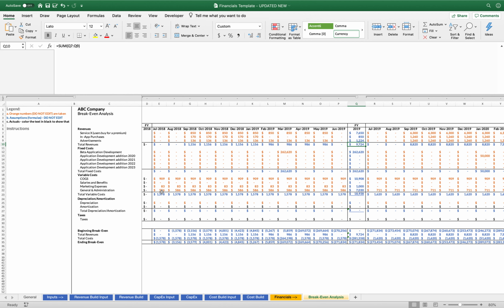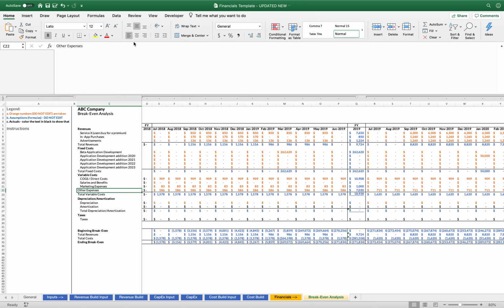Next are your variable costs. So these are your cost of goods sold or your direct costs. I'm going to include that in here, because in the other tab we refer to it as direct costs. So these are your COGS, your salaries and benefits, marketing expenses, and G&A, and I believe we refer to this as other expenses in the other tab.